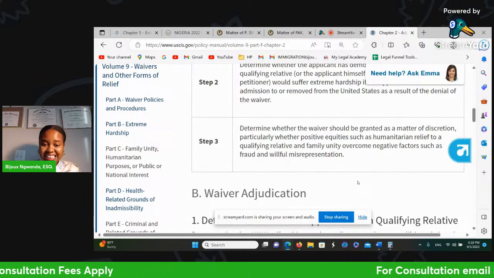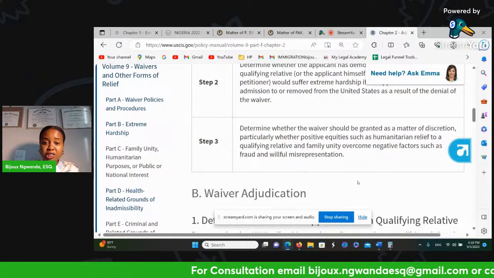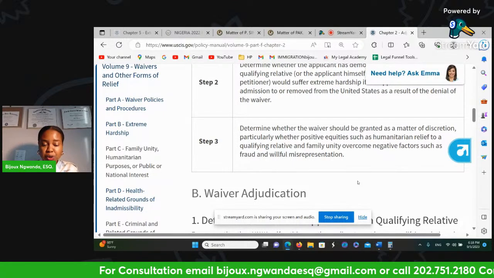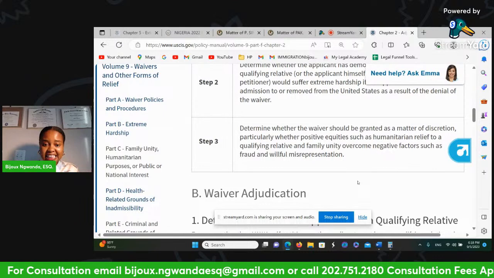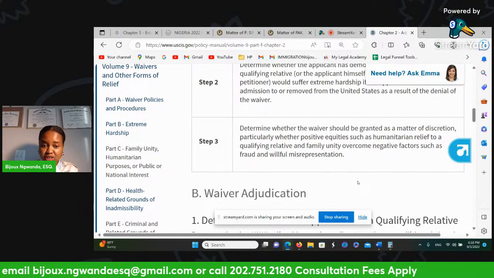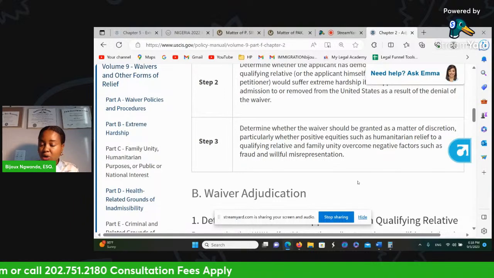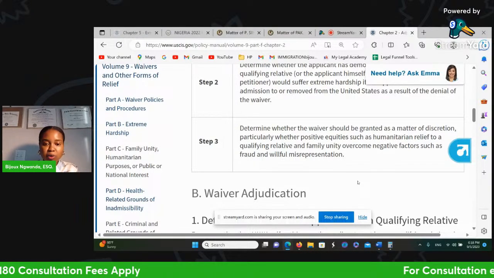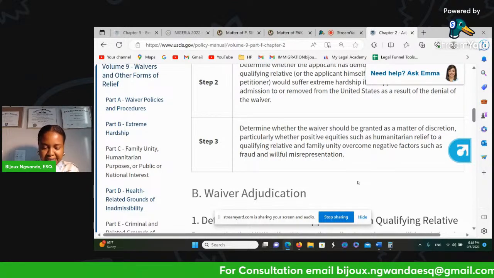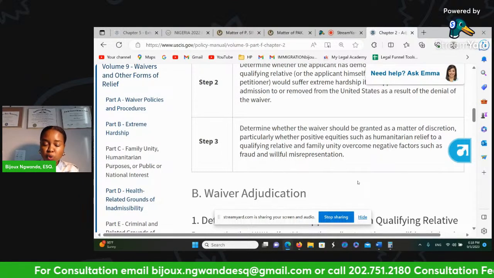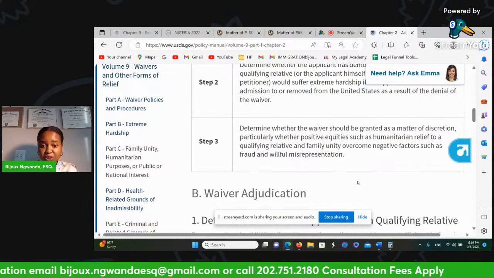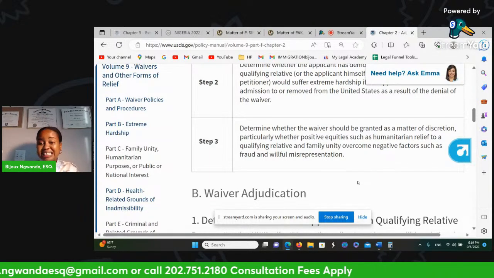If you have a child that's going to petition for you when the child turns 21, you have to make sure that you do not have anything as far as misrepresentation is concerned. Because if you don't have a parent or a spouse, then that child will not be able to waive anything for you.